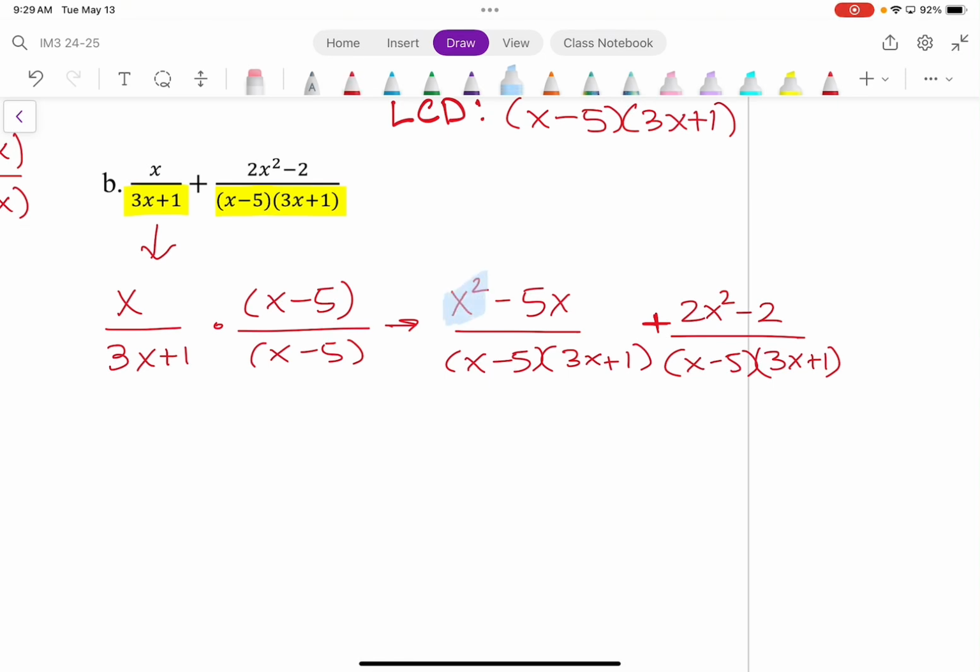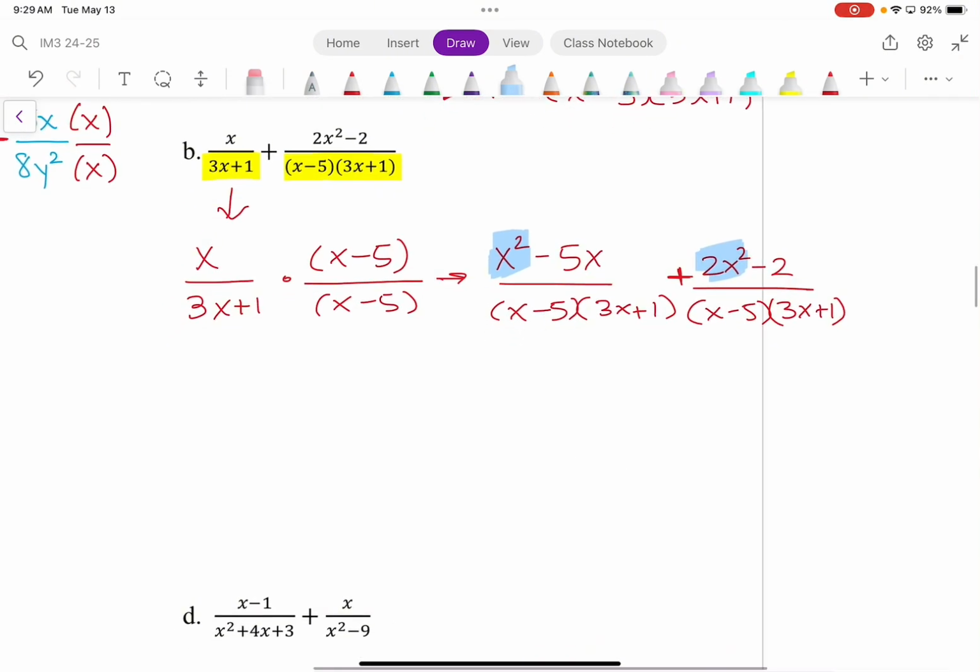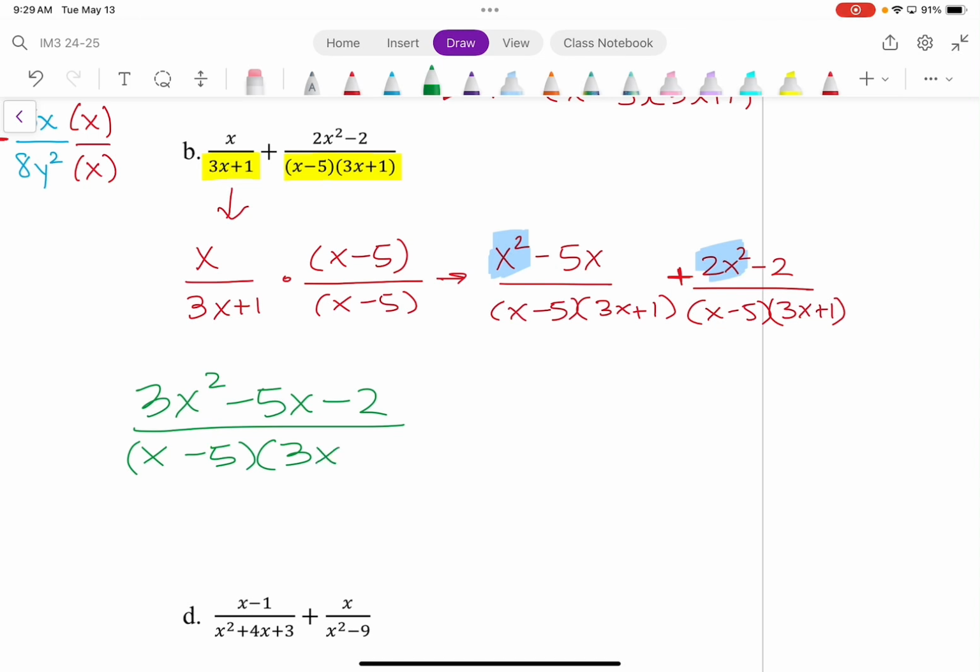At this point, we can combine like terms. So x squared with 2x squared. And that'll give us the following: 3x squared minus 5x minus 2 over x minus 5, 3x plus 1.